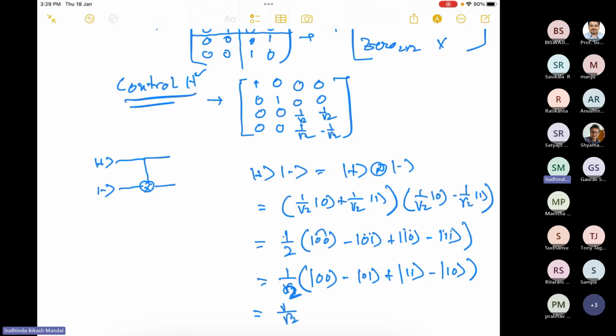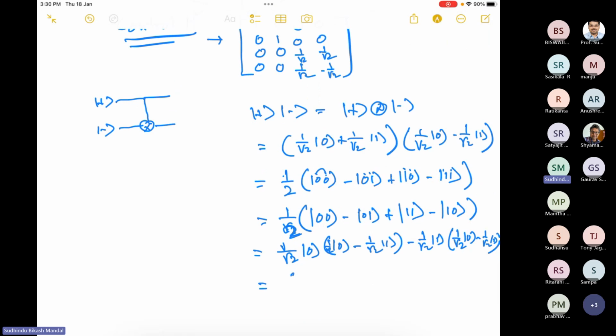Now I want to take 1 by root 2 0 as a common. So what will be there? 1 by root 2 0 minus 1 by root 2 1 over there. And also here, if I want to take minus 1 by root 2 1 as a common, then we'll get 1 by root 2 0 minus 1 by root 2 1.